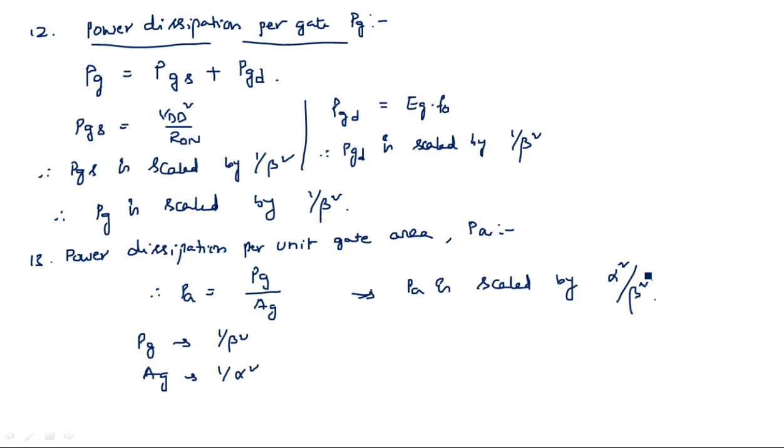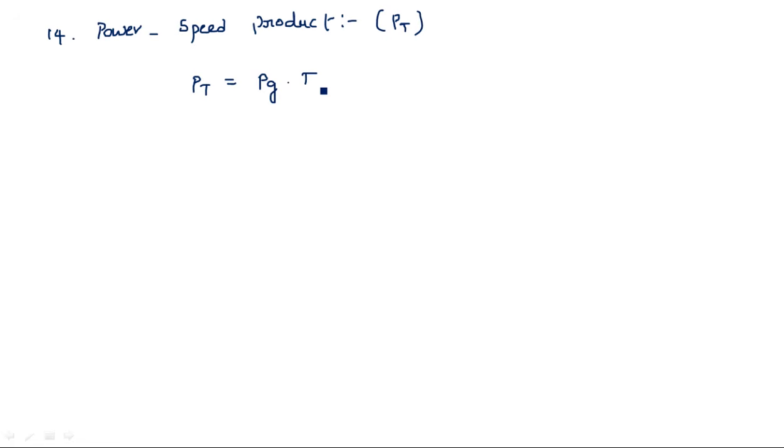Okay. So the last parameter, that is power speed product. Power speed product is indicated by P suffix capital T. So PT is equal to power multiplied by time delay TD. Now we know the individual scaling factors.